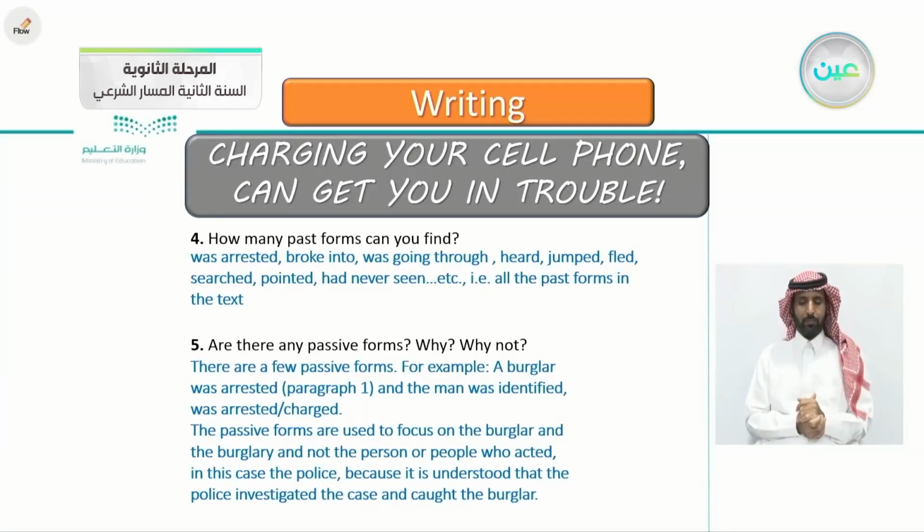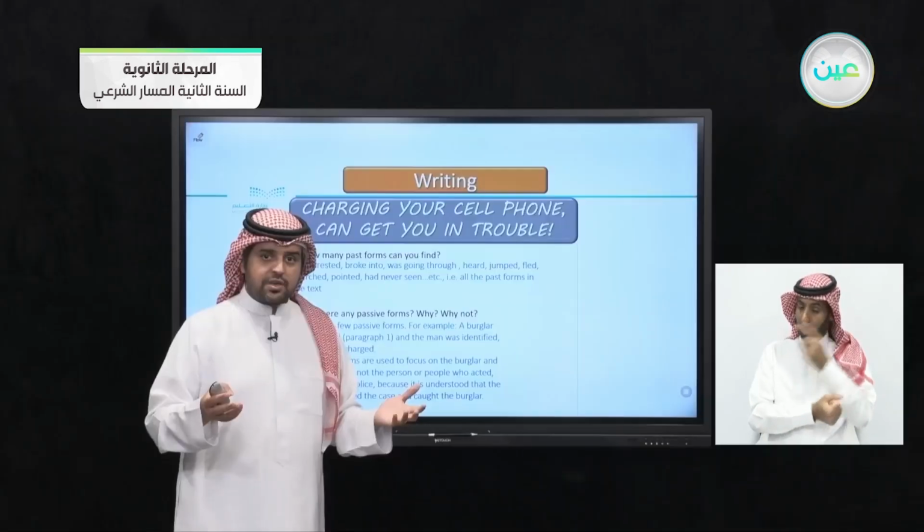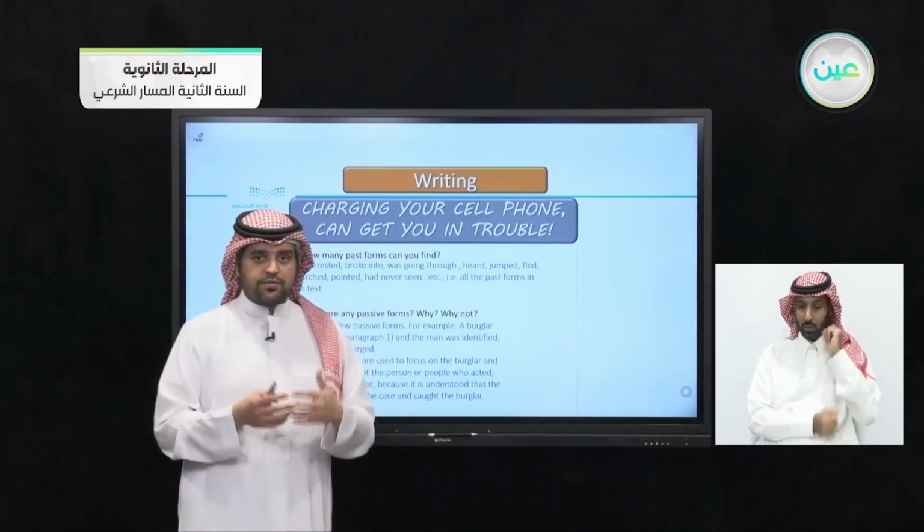Again, the passive forms are used to focus on the burglar and the burglary and not the person or people who acted. In this case, the police, because it's understood that the police investigated the case and caught the burglar. So we know who acted. Of course, it's the police because it's very obvious from the story.